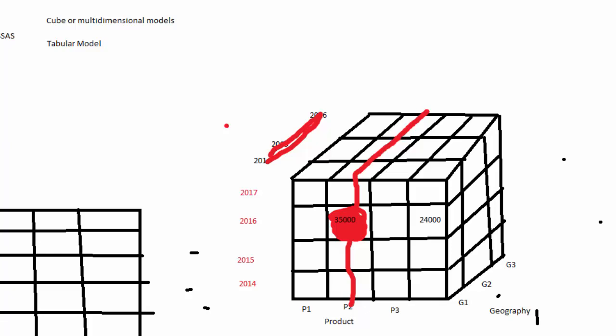So there are many dimensions that you cannot meaningfully represent within a cube, because a cube can only represent 3 dimensions. Those are the kind of problems we will be solving with a cube or a multi-dimension model.